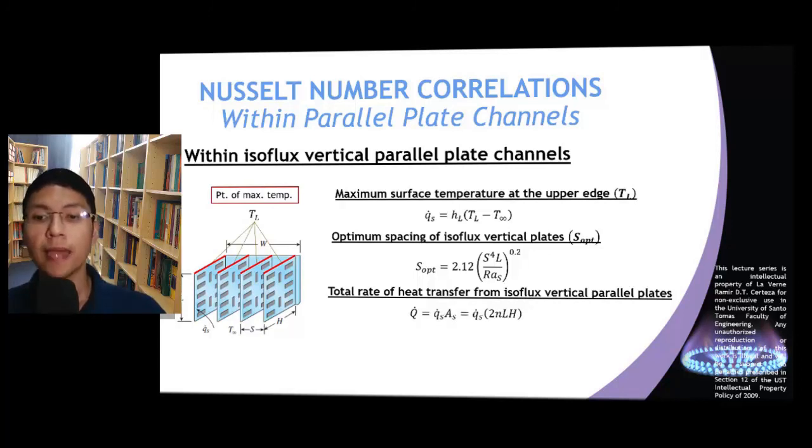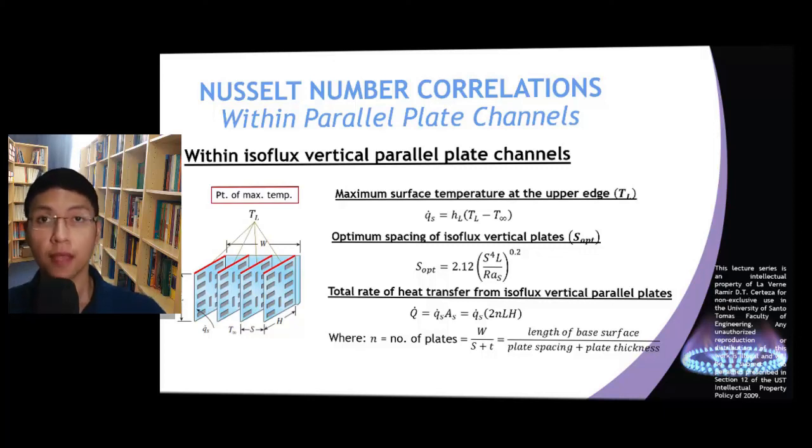Again, take note that N corresponds to the number of parallel plates, and it can be computed by dividing the entire length of the base surface where these plates are attached by the sum of their spacing and thickness. In the next video, we will discuss the Nusselt number correlations for flows within enclosures.